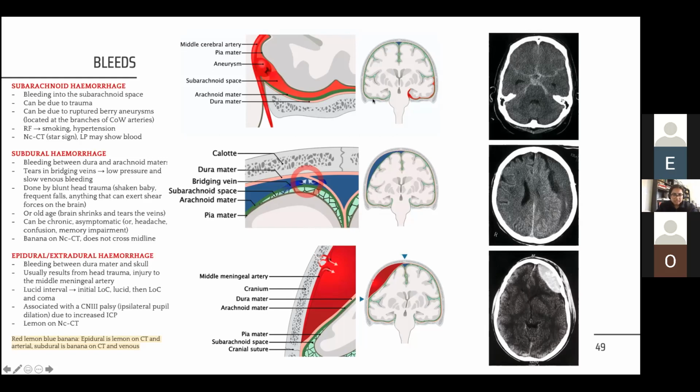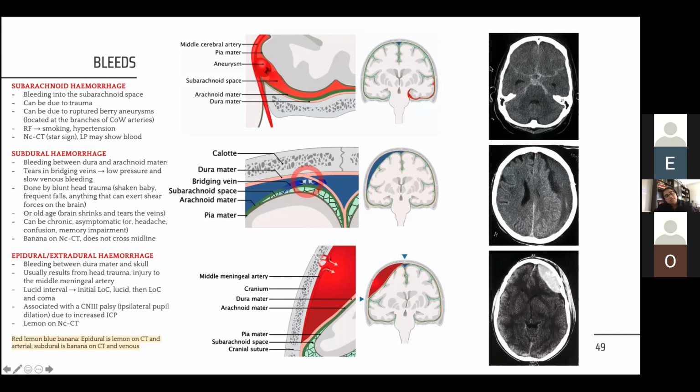So the blood goes into the subarachnoid space, which is all around here. And on a non-contrast CT, you see a star sign. You can see the white pale part of this CT shows the star sign. So that's a subarachnoid hemorrhage.